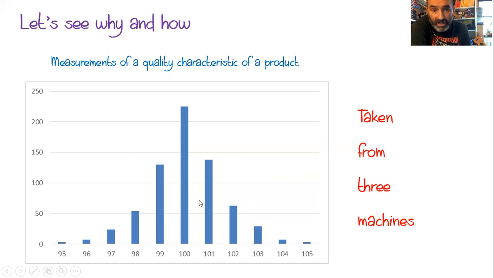But in here are 220, 230 samples, each taken from a different machine. So 200 something from machine one, 200 something from machine two, 200 something from machine three, and then we aggregate. What we're interested in is, are these machines performing equally?